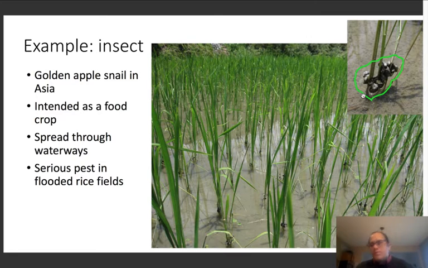People do grow them, so you could imagine some aquacultural systems where people are growing these things, but they spread into rice fields. And they can be a pretty serious pest, particularly in rice fields that we maintain flooded. And if you look carefully, you can see them in many different parts of this image. They're not as big as they might look on the top right there.